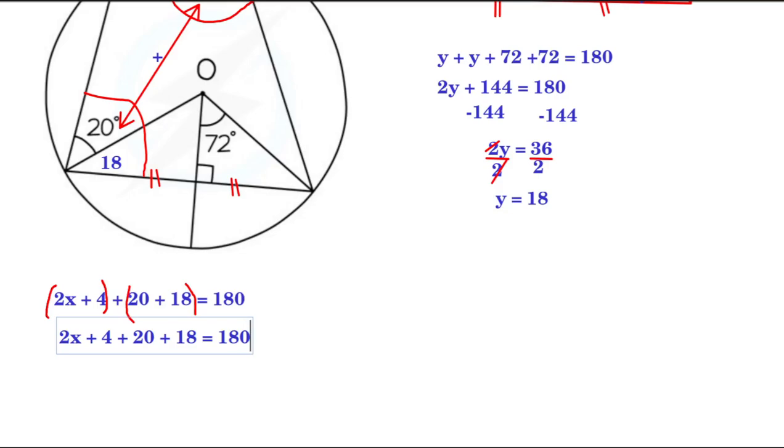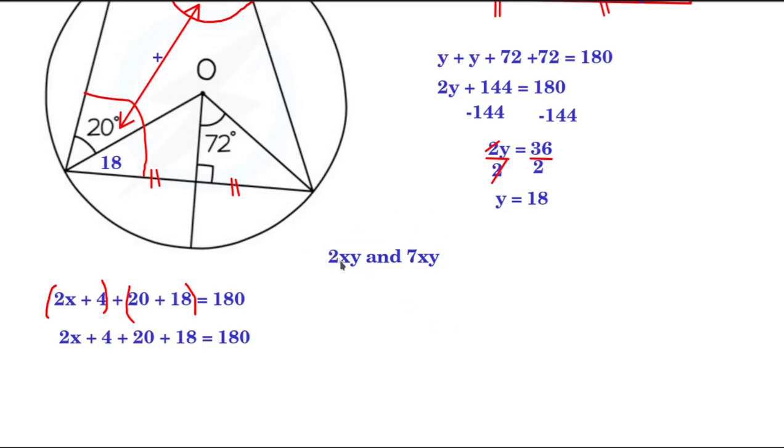What are like terms? Two terms are called like terms if each is a number attached to a variable raised to the same power. For example, if you have 2xy and 7xy, we have two numbers here.